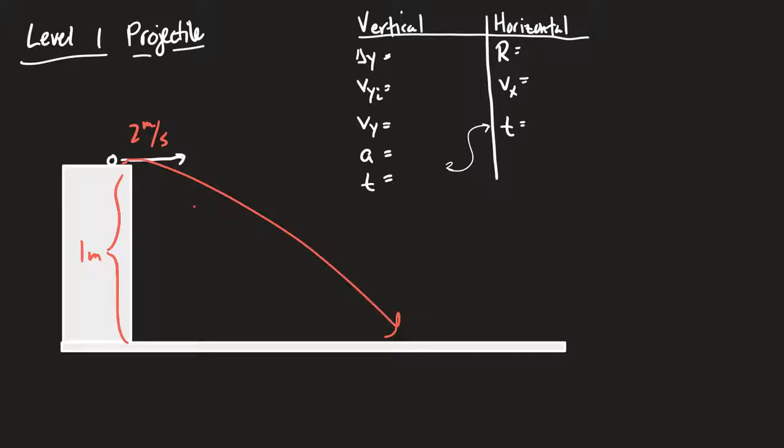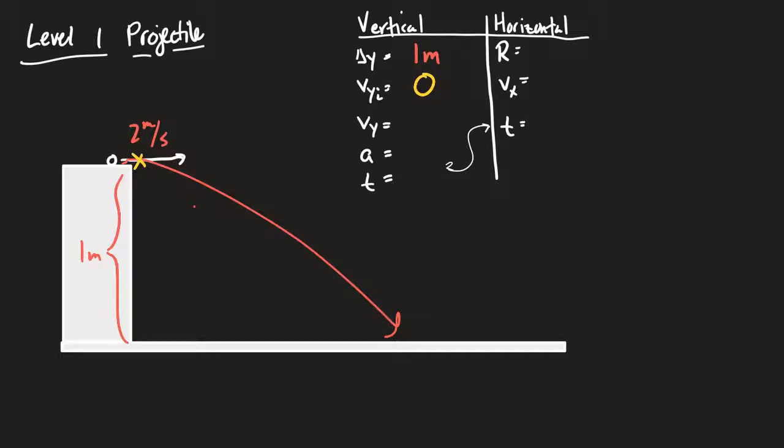All right, so let's just keep that in mind, but let's see how this is done mathematically. First, I want to try and acquire all the given information. Believe it or not, everything I need to solve the problem has been given already. For example, I know that the object's going to fall downwards 1 meter. So in delta y, I put 1 meter. I know that at the instant it leaves the table, it's not moving up or down because it's going across the table. So at that instant, this point right here where it leaves the table, its vertical velocity is 0.